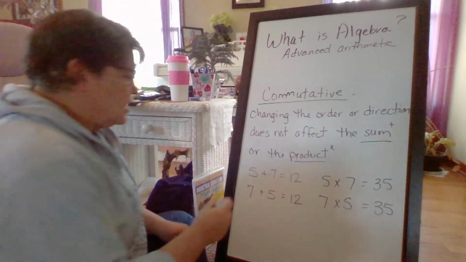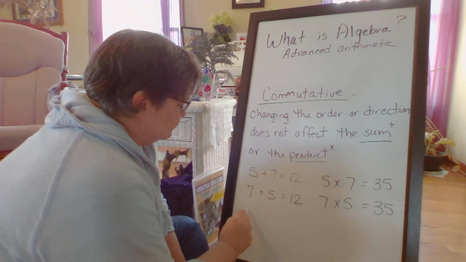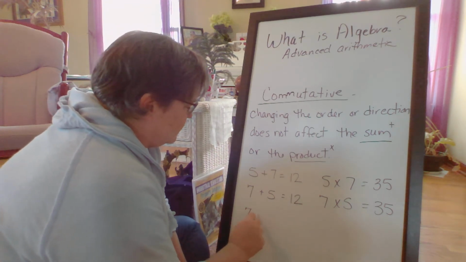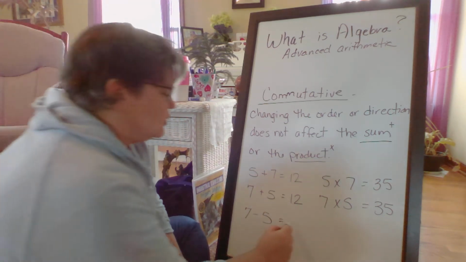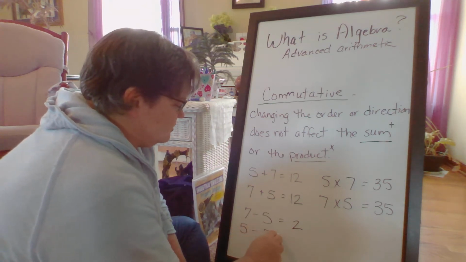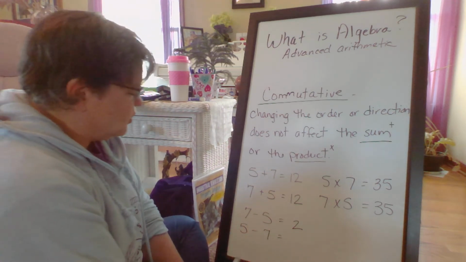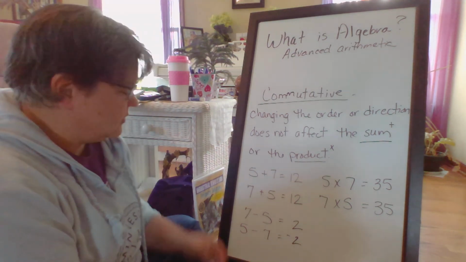So let's take 7 minus 5. 7 minus 5 equals 2, right? 5 minus 7 equals -2. They are not the same.